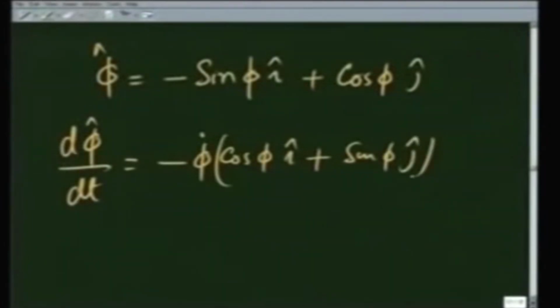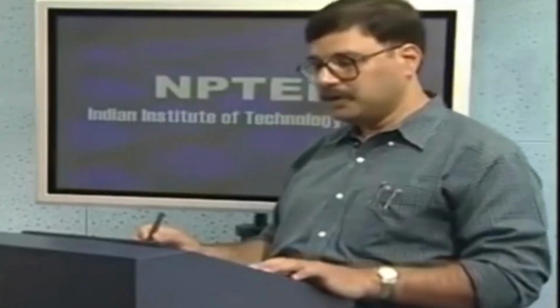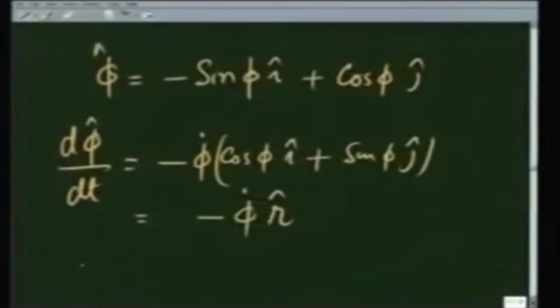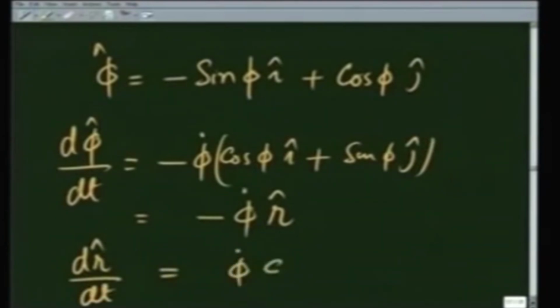I left the steps in between because I have already worked them out, and this is minus phi dot r unit vector, which gives the same answer as the geometrical argument. So now we have both dr/dt and d phi/dt. dr/dt, you recall, was equal to phi dot in phi direction, and therefore I can write an expression for the acceleration in planar polar coordinates.